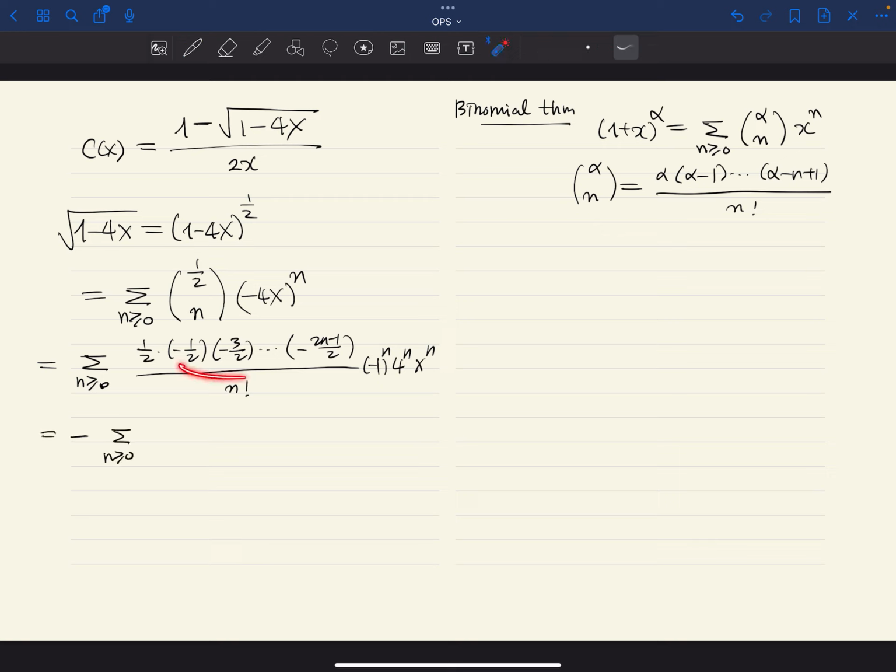We can cancel all the minuses here and then with this, leaving only one minus. And also, if you multiply 2 to the n here, in each factor, you can forget about the denominator. That means we have 1 times 3 times up to (2n minus 3), over n factorial, times 2 to the n, x to the n. Okay? Now what?